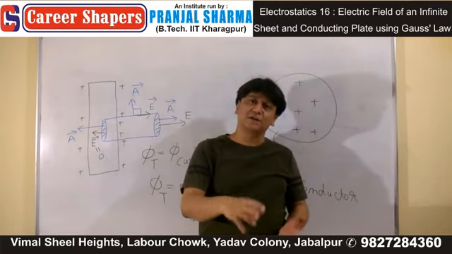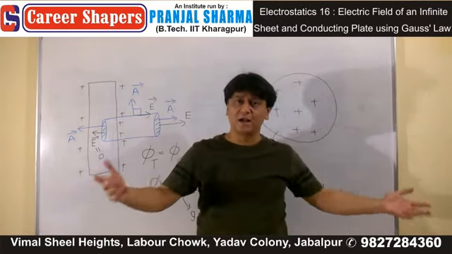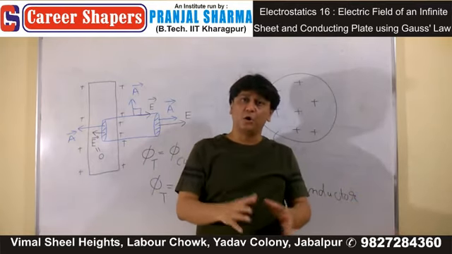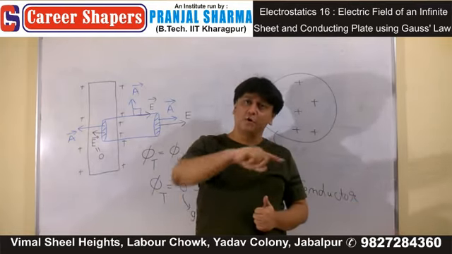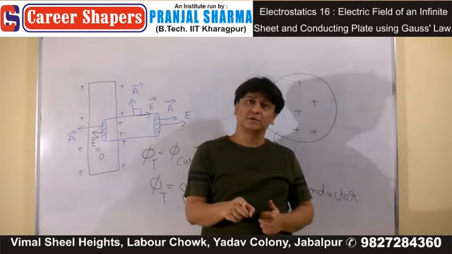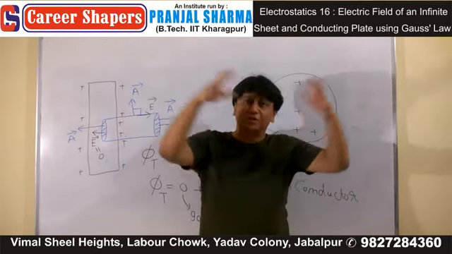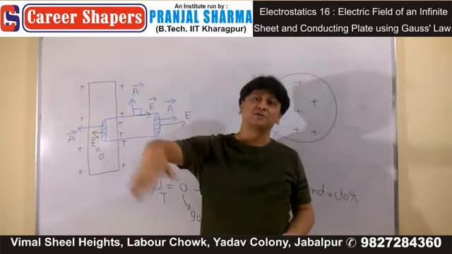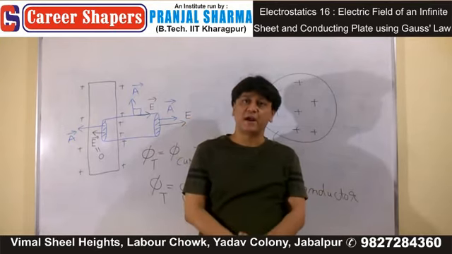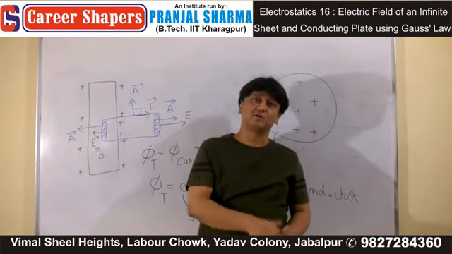If you give it some charge, that charge will repel each other, and ultimately because of that repulsion, the whole charge will rearrange itself over the surface. Once charge is on the surface, there is no charge inside. And therefore we say that inside the conductor there is no charge.